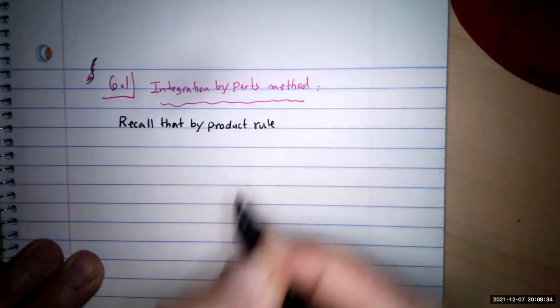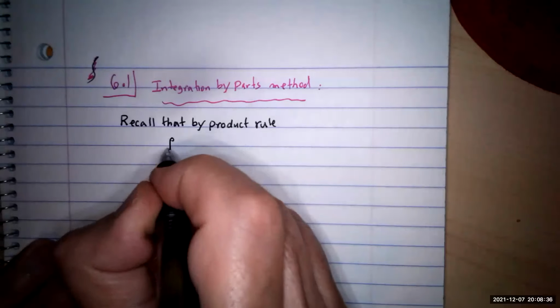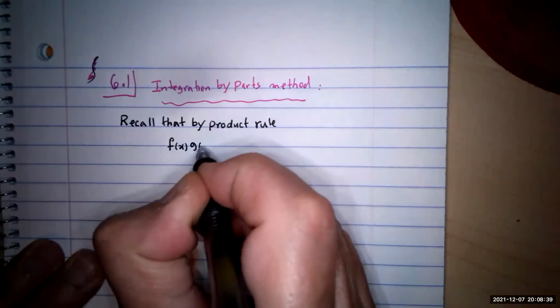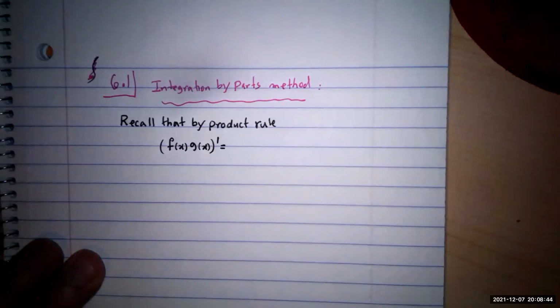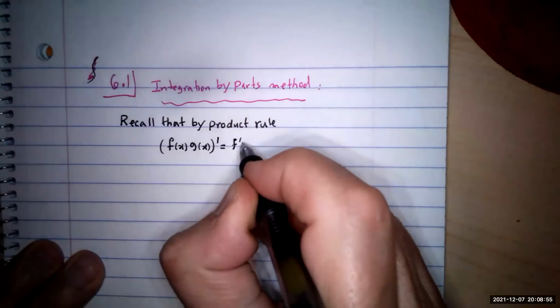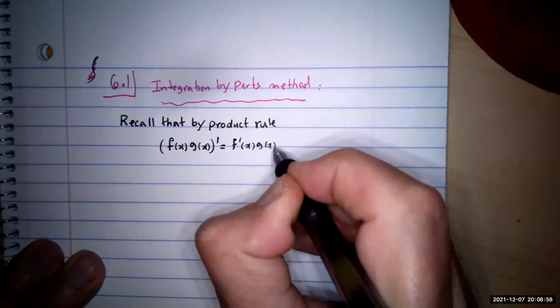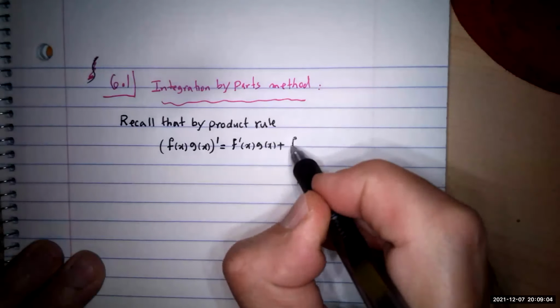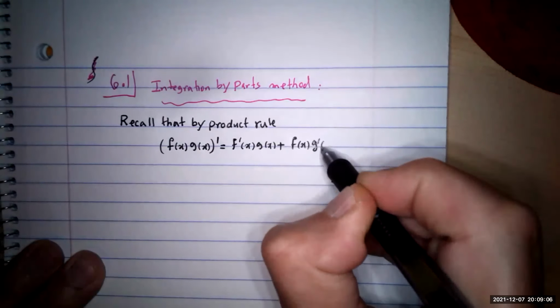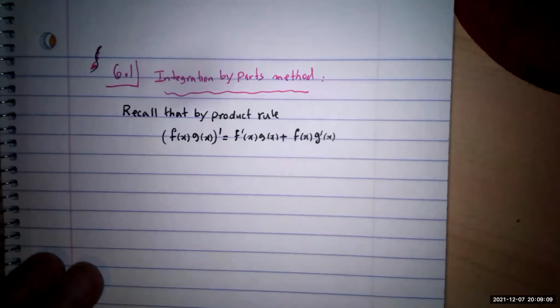If you have the product of f of x and g of x and you want to differentiate it, it was derivative of the first one times the second one plus derivative of the second times the first. So f prime of x times g of x, plus f of x times g prime of x. That's the product rule.